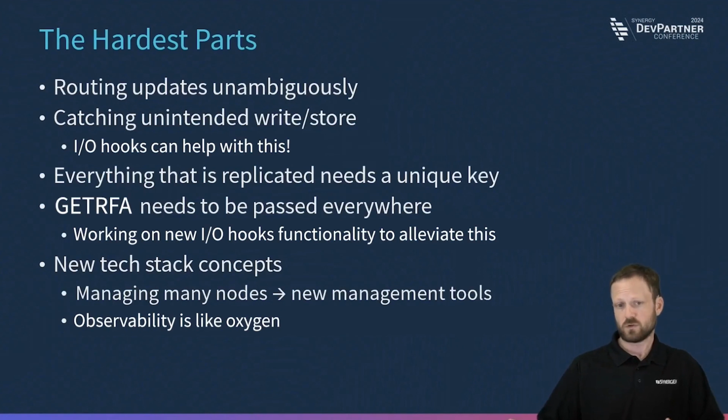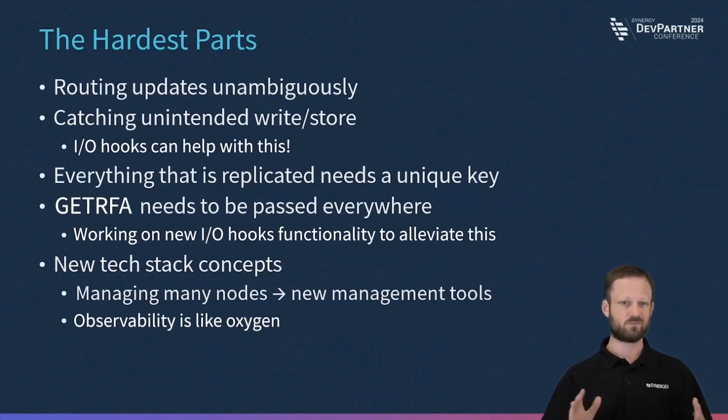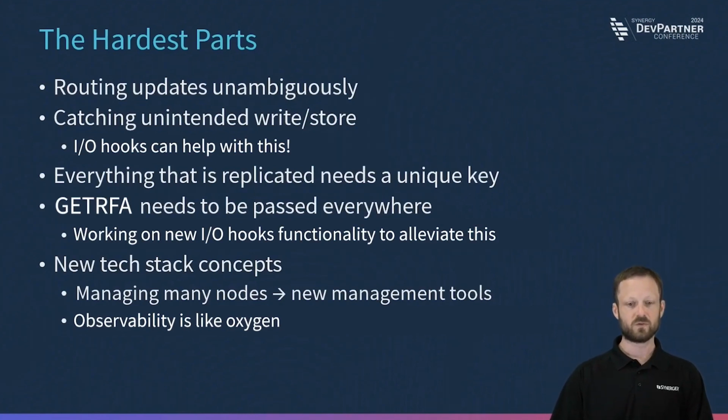Those just use different tools now rather than a physical load balancer in front. You probably want something that's a Kubernetes-based load balancer getting at your application. And I keep saying it, observability, real important. It is like oxygen in a distributed system. If you don't have observability, you won't be able to breathe. It won't work.